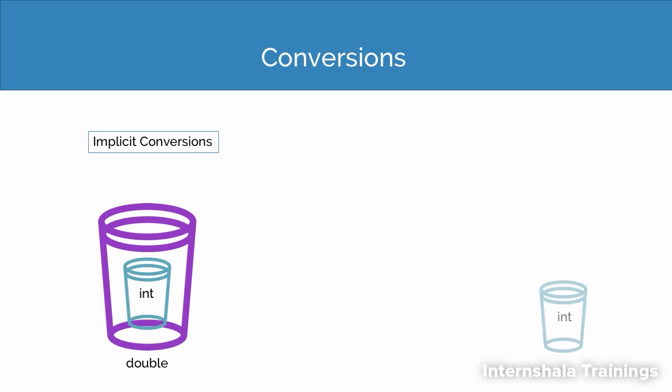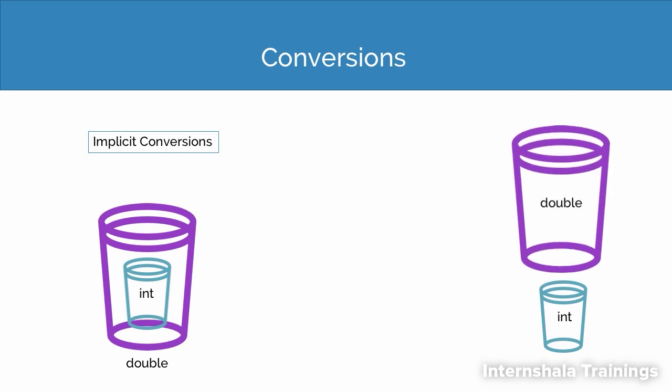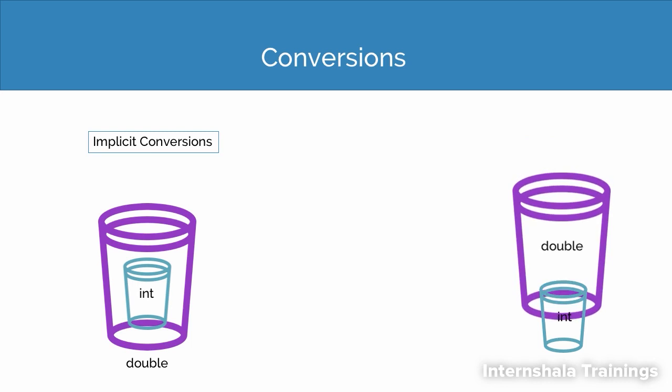But now, suppose we have a smaller integer data type and we have the double variable. Now as per the size, when we try to accommodate the double into the int, then the compiler simply complains that hey, you cannot do it easily, because the integer is of smaller size compared to the double. So how can it easily accommodate the double into it?